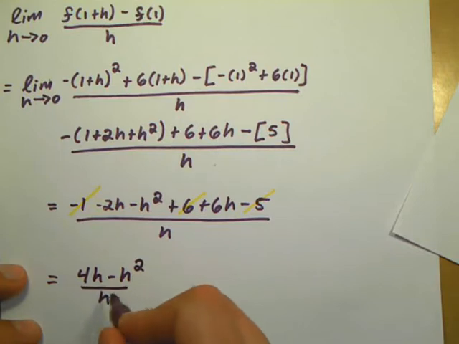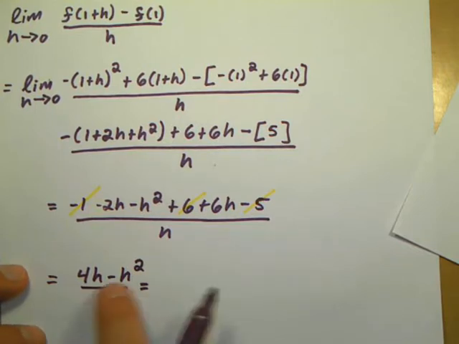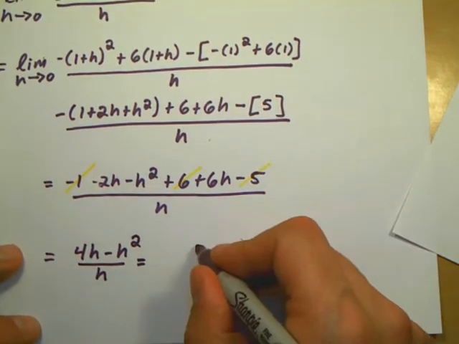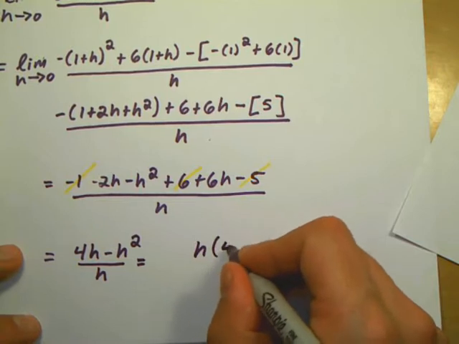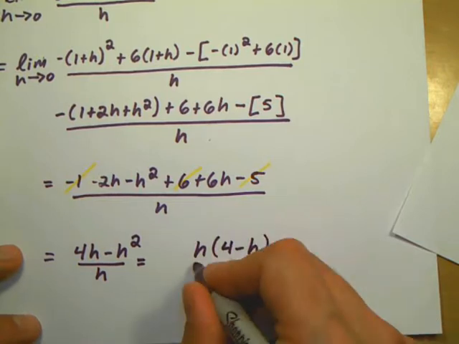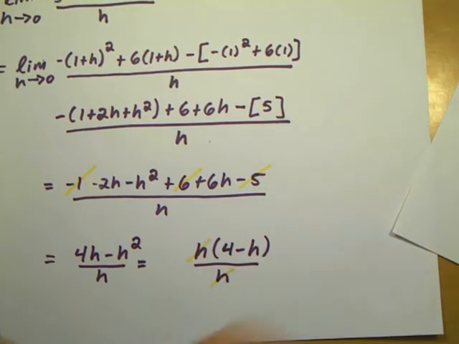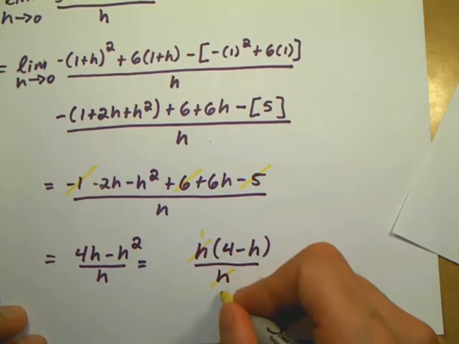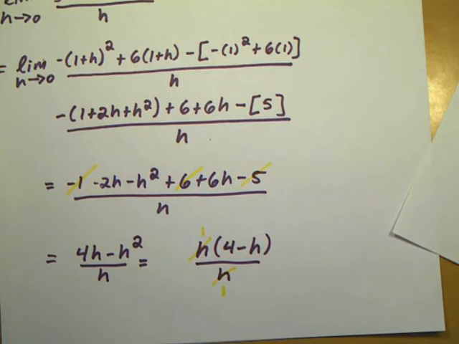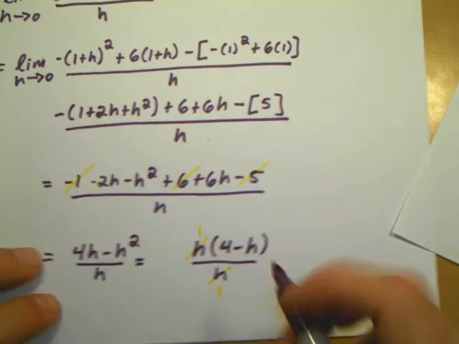over h. There's a common term of h that I can factor out, so it's going to be 4 minus h, all over h. Again, I can reduce these out. When I'm reducing them out, I'm just going to put a 1 in its place, and now I can finally reevaluate my limit.